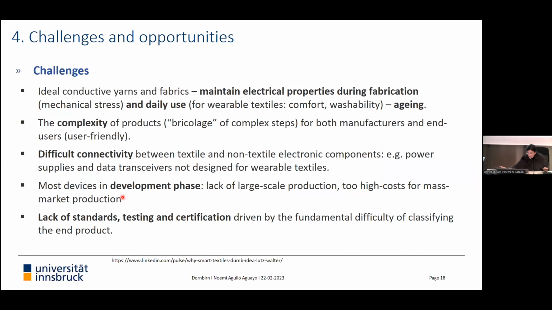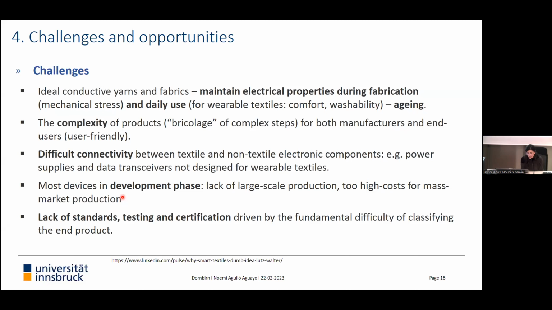So now I have analyzed the applications, and now there will be only 2 more slides about challenges and opportunities. Okay, challenges. We see that we need to create ideal conductive yarns and fabrics because we wish to maintain these electrical properties during the fabrication process.